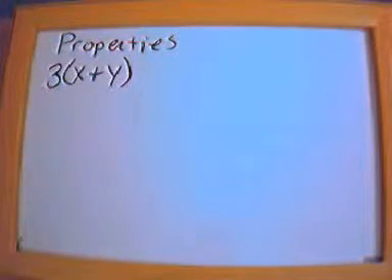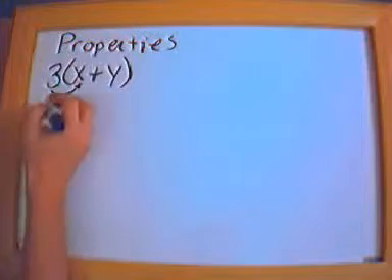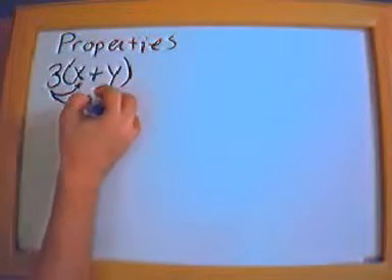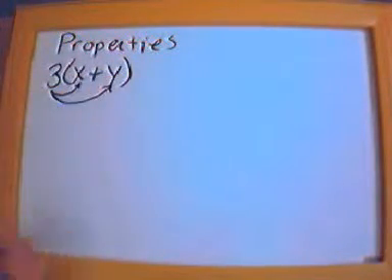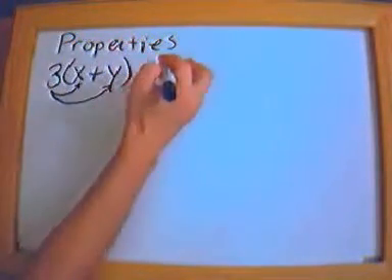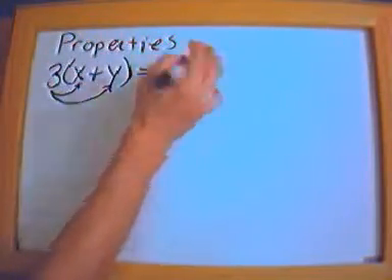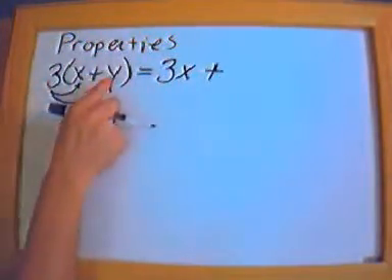If you flip back or rewind or look in your textbook, the distributive property basically means that I multiply 3 by the first thing, and then I add that to the product of 3 times the second thing. So in this case, to expand this, it's going to be 3x, that's 3 times the first one, plus, because I've got a plus here, 3 times the second thing.